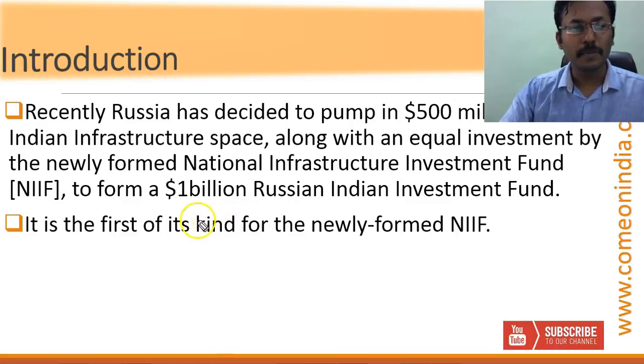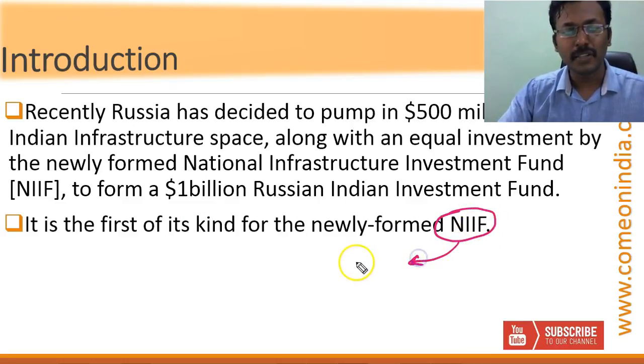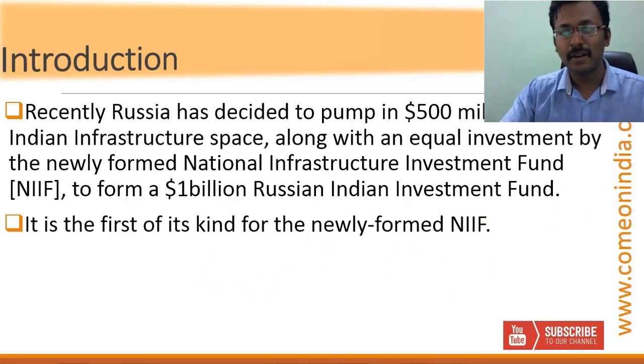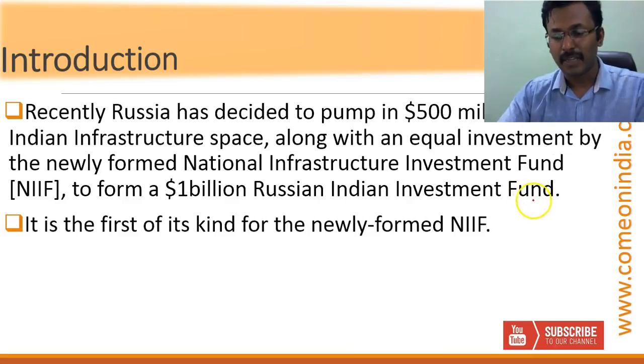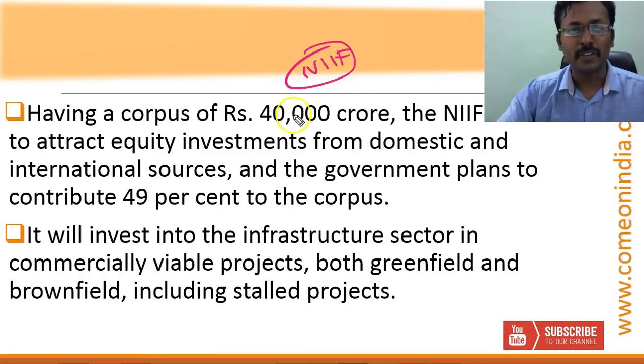One more important point is that for the first time the National Infrastructure Investment Fund made a joint investment plan with any country. So the Russia-India Investment Fund is the first kind of initiative. And another point is that the National Infrastructure Investment Fund has a worth of 40,000 crore rupees.